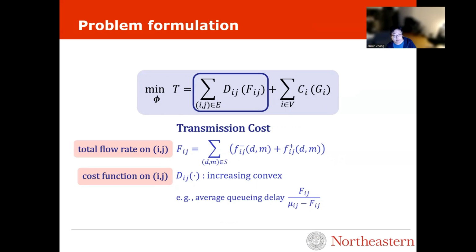This contains the linear cost used in many previous works. It contains the hard link capacity constraint, like the flow cannot exceed some maximum amount. It also contains most nonlinear congestion-dependent costs. For example, if we use F_ij over (mu_ij minus F_ij), we have the average queuing delay in an M/M/1 queue with service rate mu_ij.